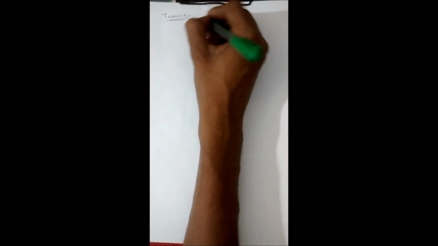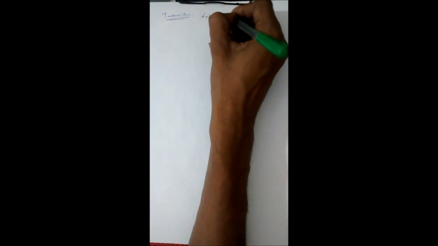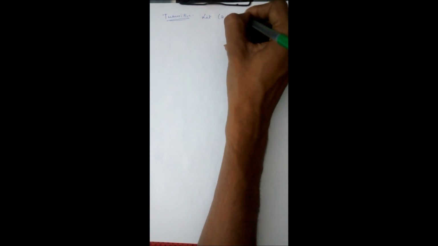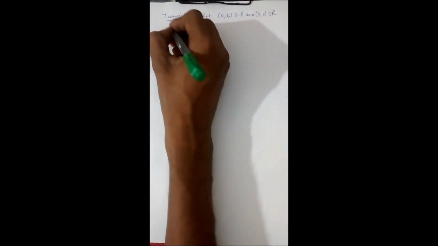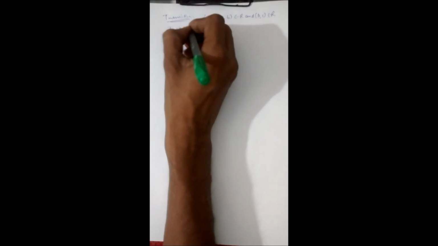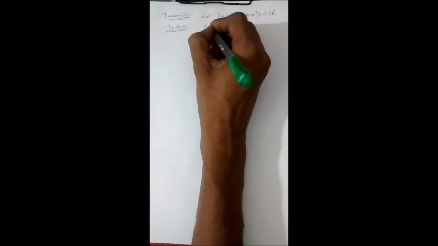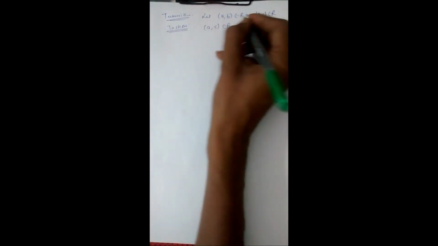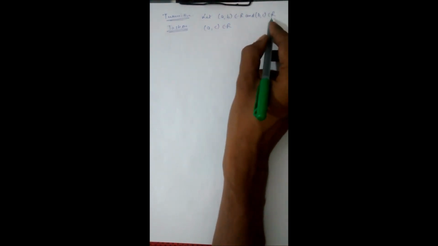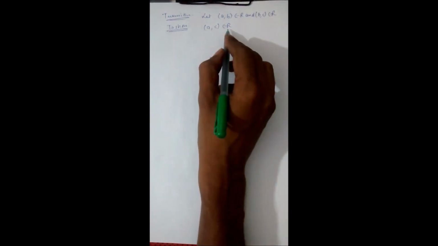Now the last condition, which is transitive. For that we will choose two pairs, (a,b) belongs to R and (b,c). Let us suppose that these two pairs belong to R. We need to show that (a,c) belongs to R. That is, if a is related to b and b is related to c, then a is related to c.